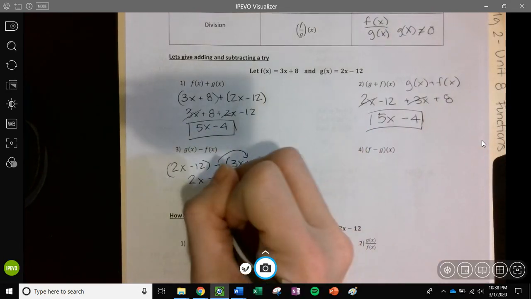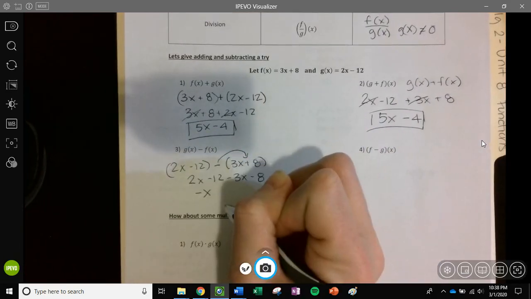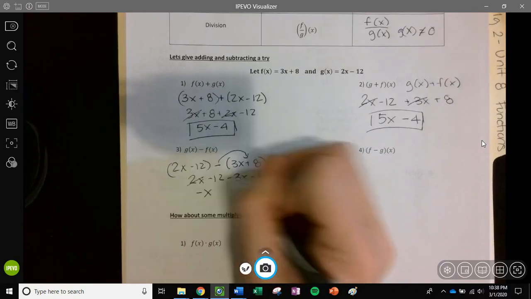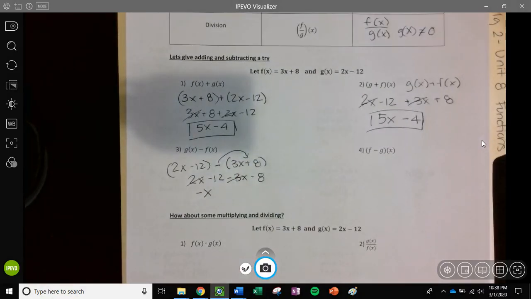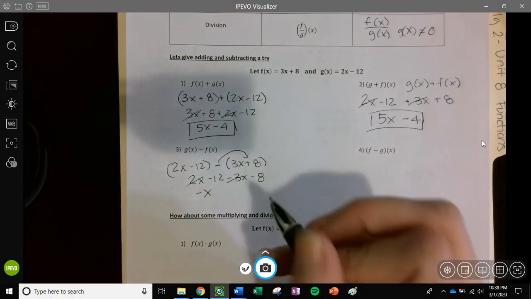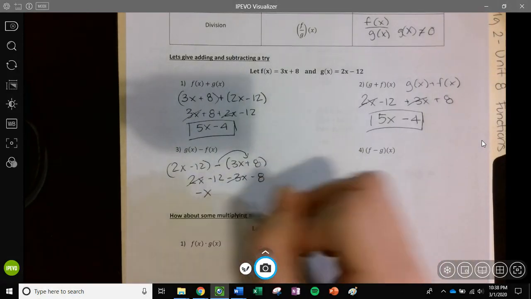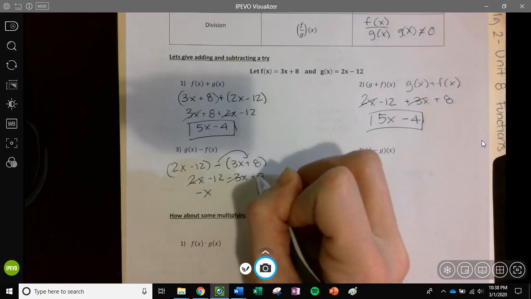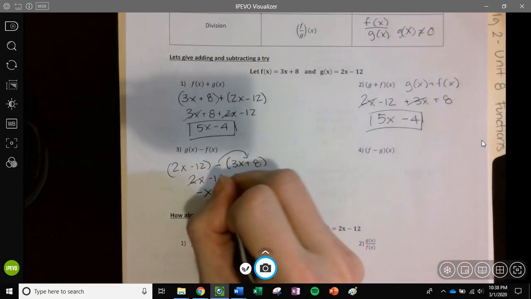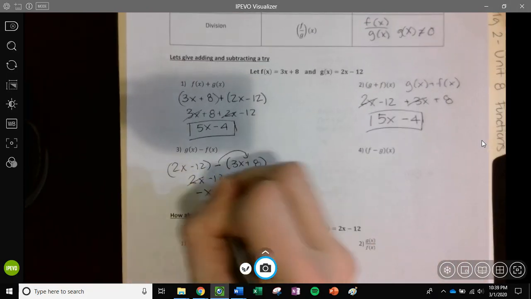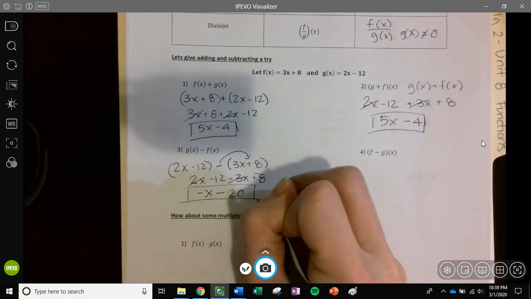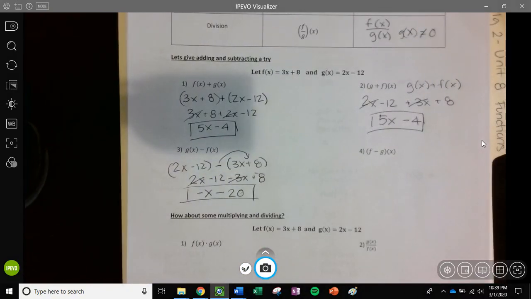That's going to give me negative x, because 2x minus 3x is negative 1x. And then negative 12 minus 8 is the same thing as negative 12 plus negative 8. So that's going to give us negative x minus 20, or negative 1x plus negative 20, however you prefer to write it.